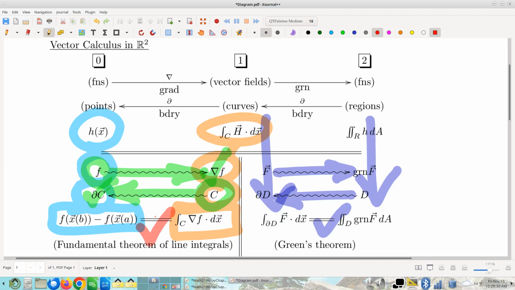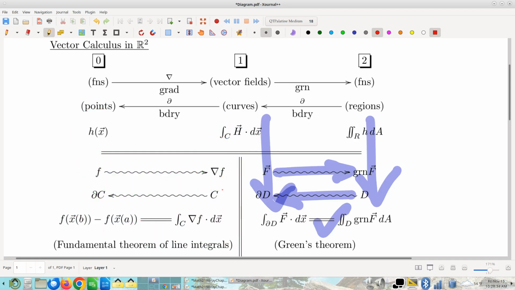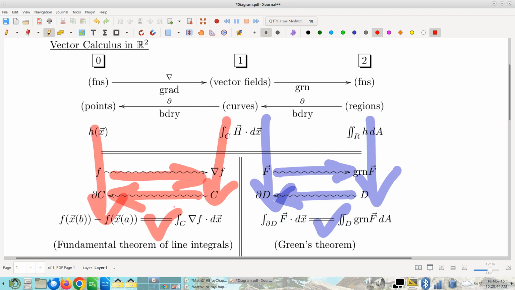And it practically leaps off the page how analogous this is. In particular, for visual convenience, you take the gradient of your function, you take the boundary of your curve, you compute on both sides, you get the same thing. So it's super analogous. And that should blow your mind a little bit, right?